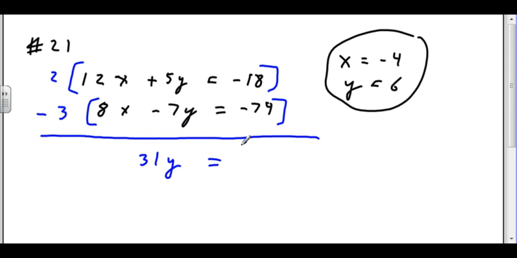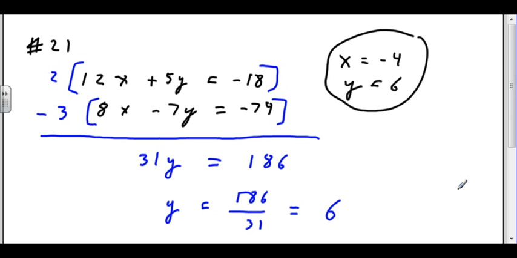So I got minus 18 times 2 plus 3 times 74, and I get 186. So y is equal to 186 divided by 31, which conveniently becomes 6. Okay, so that's good.